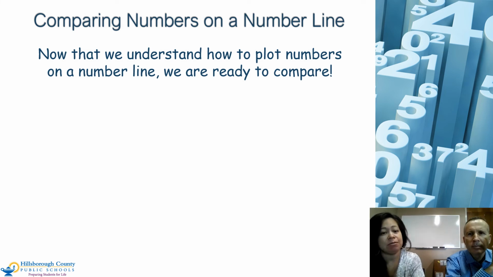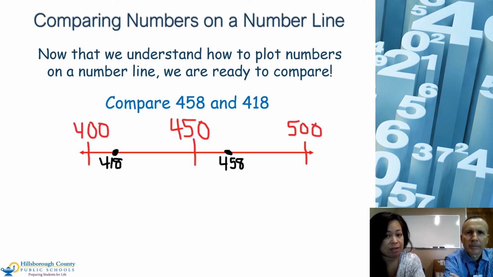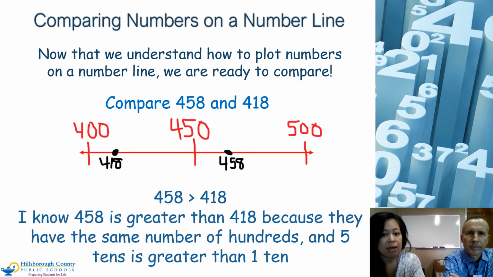Given our kids' experiences with plotting numbers, if we ask students to compare two numbers, say 458 and 418, we might get some students in our classrooms that show an example like this with a number line. And we also might get an example like this with an inequality or simply with a sentence. Yeah, so how do we get the students that are using the number lines to see how their work connects with that inequality statement?